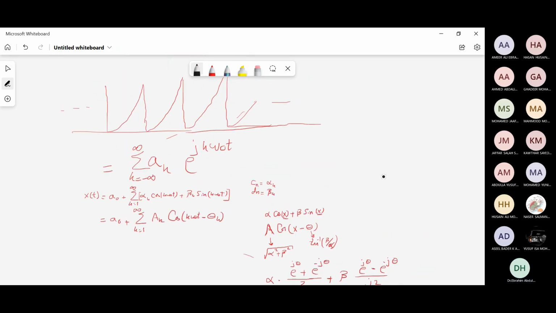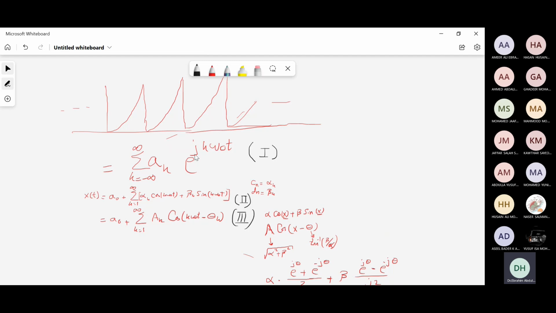This, we call form number 1. This we call form number 2 for the Fourier series. This is form number 3. It is actually only one form, but the others you can get directly from it.